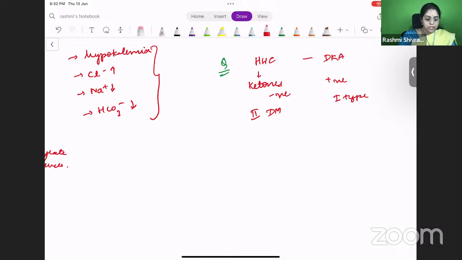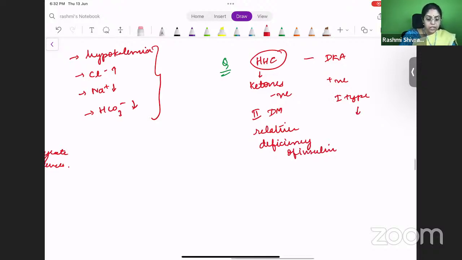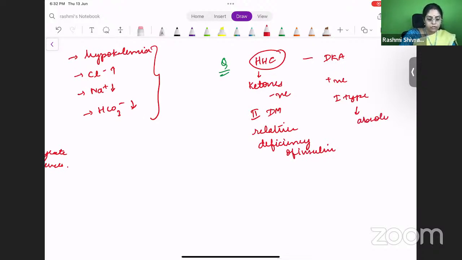That is because in HHC there is no absolute reduction of insulin levels. There is a relative deficiency of insulin, but in DKA there will be an absolute deficiency of insulin. That's why you develop these different findings.